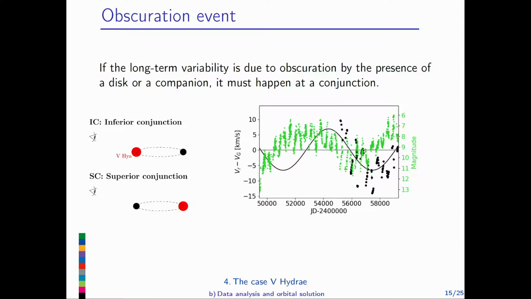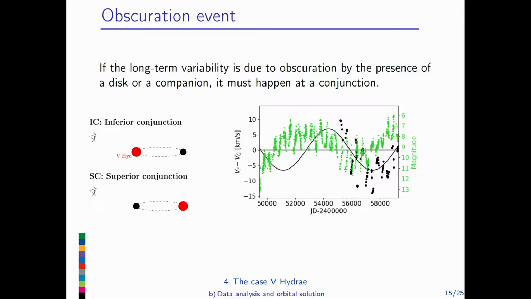So you can see that the dimming event, so the moment when the magnitude is the highest, corresponds to the moment when on the radial velocity curve we obtain a value of 0 velocity, so the velocity equal to the radial velocity of the center of mass.